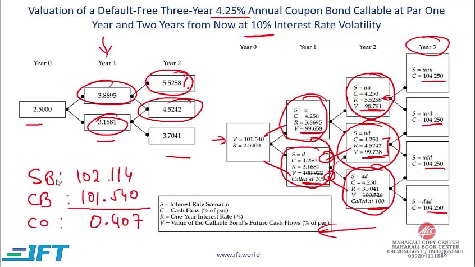Recall that when we came up with the price of a similar straight bond, so same duration, same coupon rate, same volatility, the value of a straight bond was 102.114. Here, as expected, for the callable bond, we are coming up with a lower number, and the difference between these two numbers is the value of the embedded call option, which is 0.407.